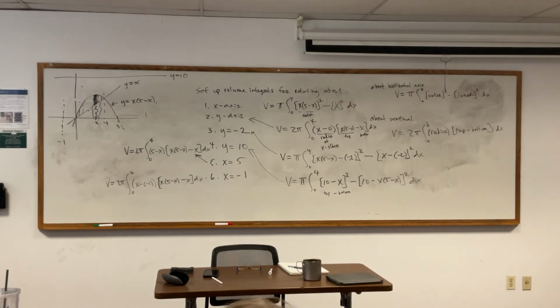Let's take a look. Okay, so y equals x, y equals square root of x, around x equals 3. This is number 6. There's no way we're gonna get it out of that. So 3 minus x times.